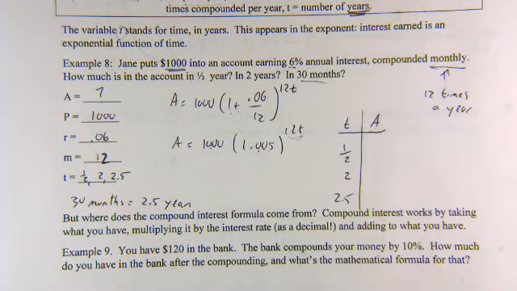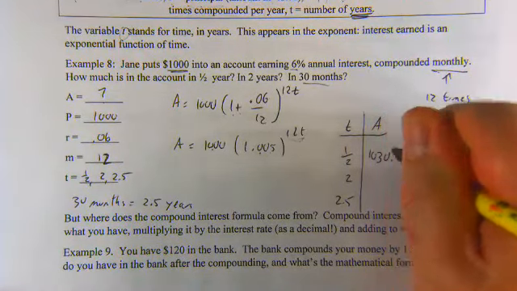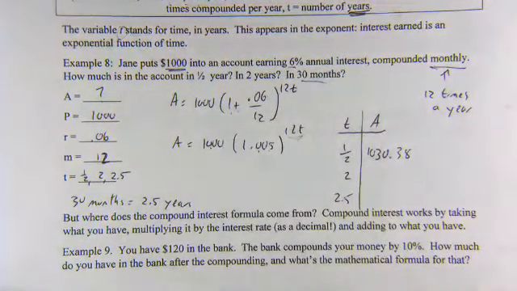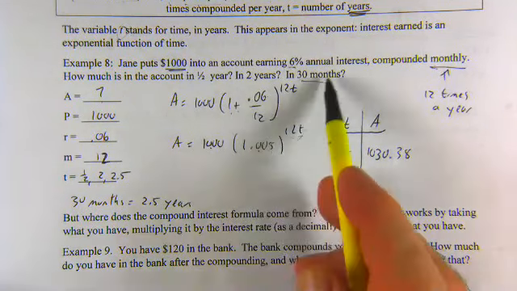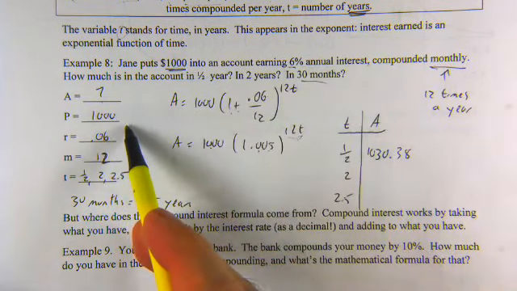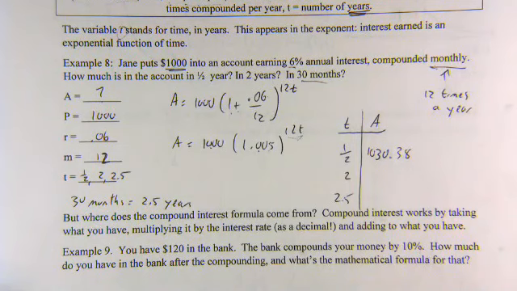And if you do that, you'll find that after a half year, she has $1,030.38, which makes sense. 6% annual interest, she should get about 6% of 1,000, which is about $60 over the course of a year. So in half a year, she gets about $30, a little bit more.